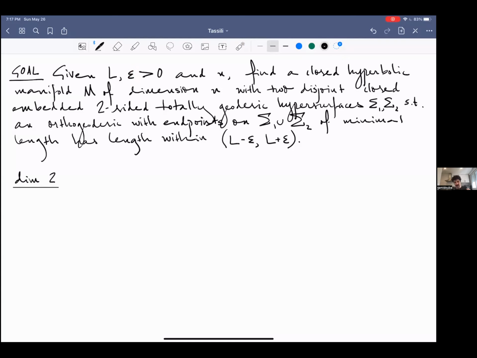So the strategy will be, instead of producing a surface with this property, producing an orbifold, really a right-angled hyperbolic polygon with this property, suitably interpreted, and then passing to a cover. Again, passing to covers can only help.